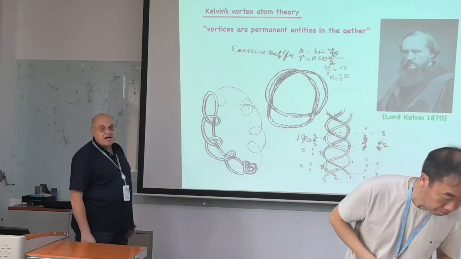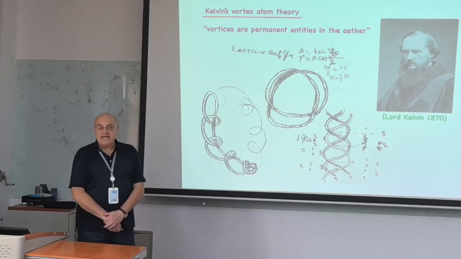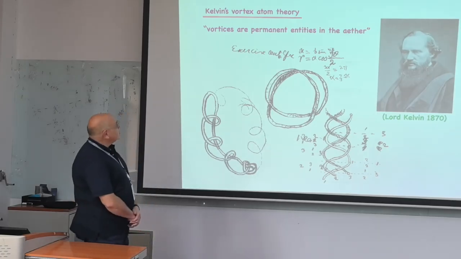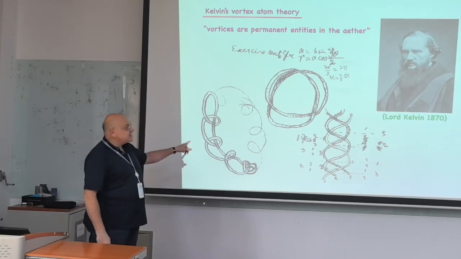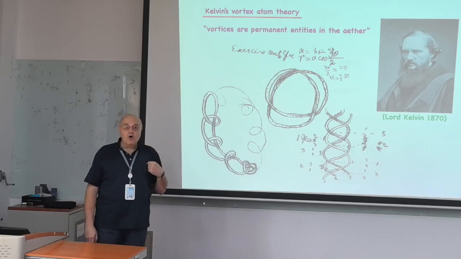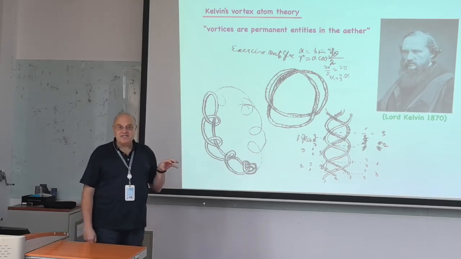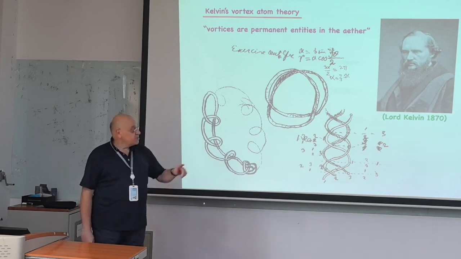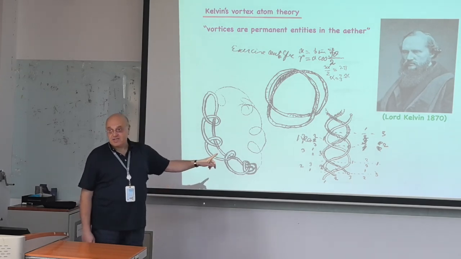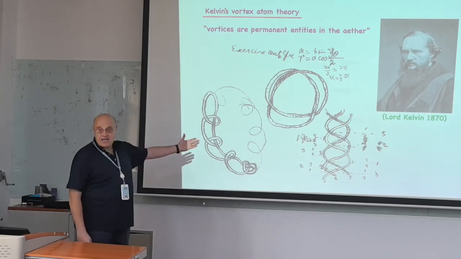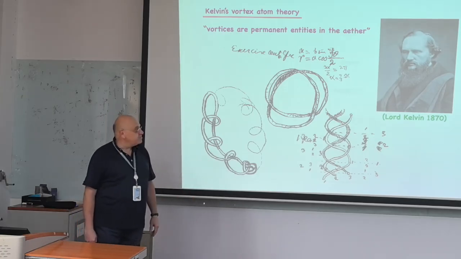And let me start with a little bit of history. This is actually well known, but these sketches are my own copies from Cambridge University Library of the original private notes of Kelvin. These notes you don't find in books, and of course I have been allowed to show them.